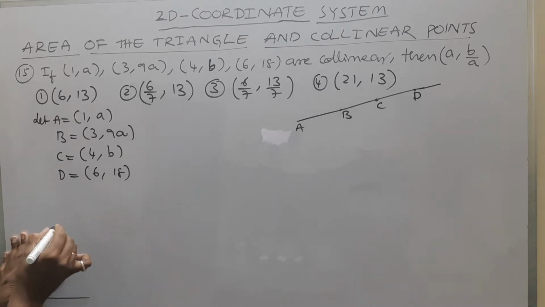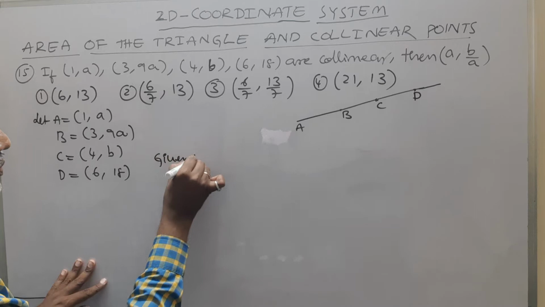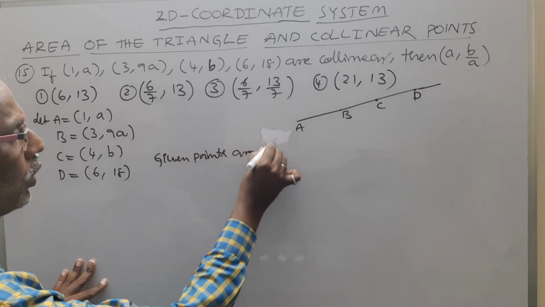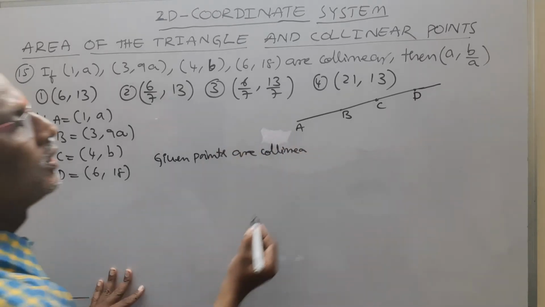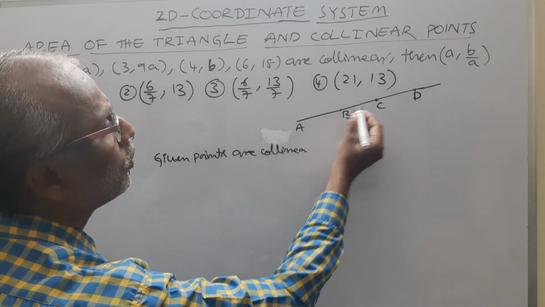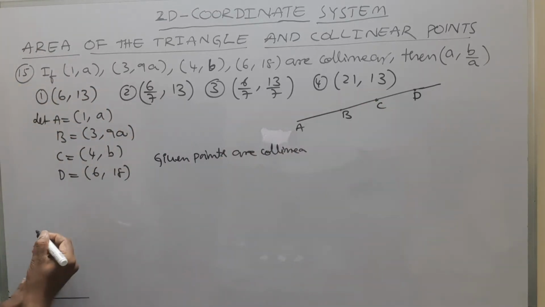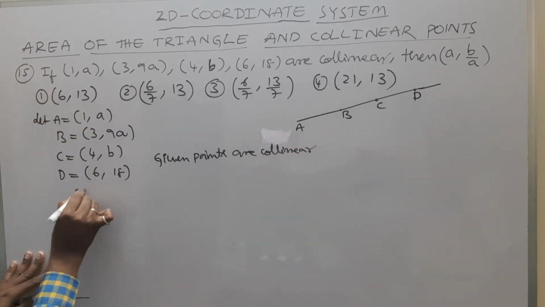Given that the points are collinear, their slopes are equal. Here we take slope of AB equal to slope of BC, one condition: slope of AB equal to slope of BC.